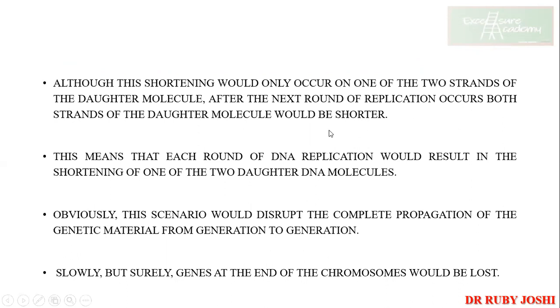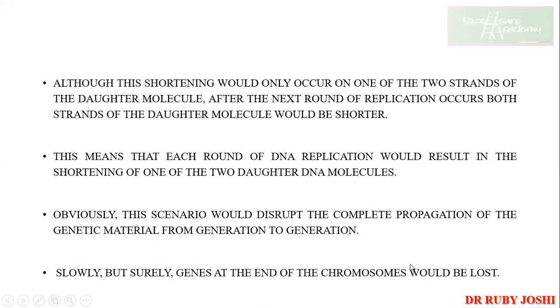Although this shortening would only occur on one of the two strands of the daughter molecule, after the next round of replication both strands of the daughter molecule would be shorter. If we don't repair this, what will happen? After every replication, the daughter DNA strand is going to be shorter and shorter. Obviously, this scenario would disrupt the complete propagation of the genetic material from generation to generation.